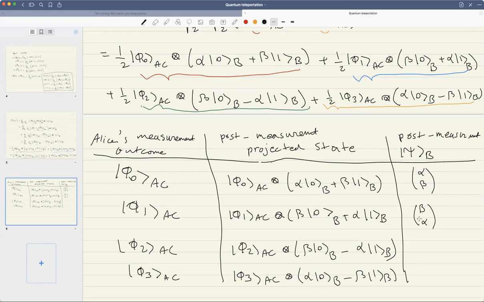In this case, the state of qubit B that Bob has access to is going to be beta minus alpha. And then in this case, the state of qubit B is going to be alpha minus beta.